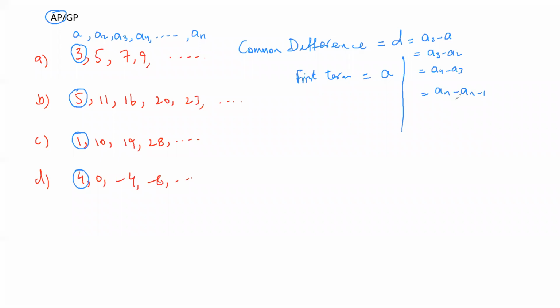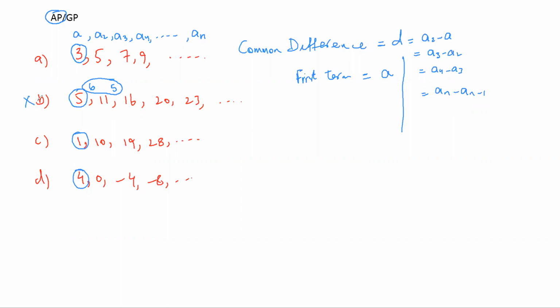If AN is the last term, then AN minus 1 would be the term before that last term. So in the B part, 11 minus 5 is 6. The difference is 6 here. 16 minus 11 is 5. So I don't need to find the next differences because we have seen that the difference is not the same. So this one is not an AP.